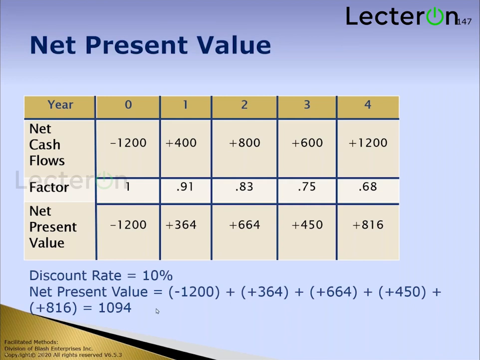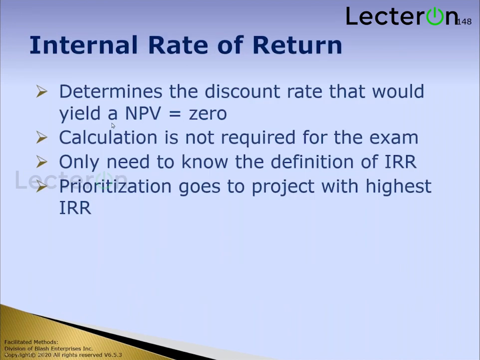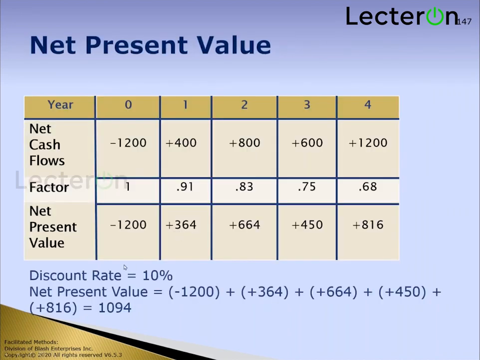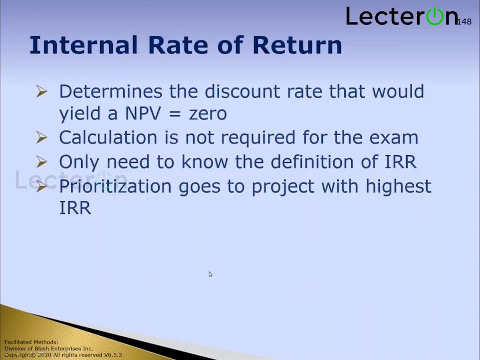Now, this discount rate also can come into effect because depending on what we have as far as that discount rate, what you're looking at is, how can I get this to be zero? What would be the rate I would have to have? First of all, you cannot calculate it. Your calculator on your exam is nowhere big enough to do that because it takes a lot of calculations.